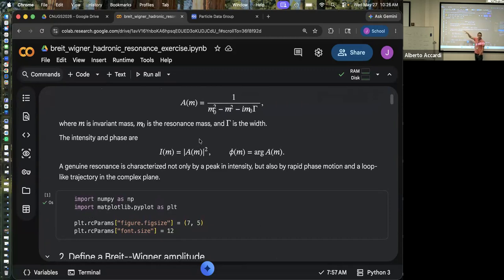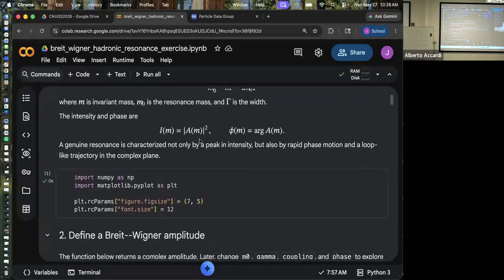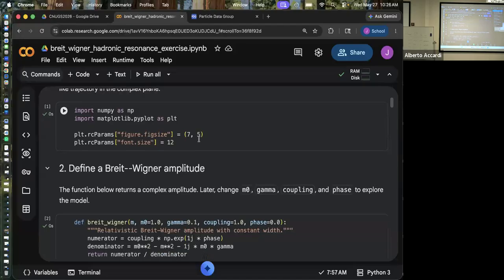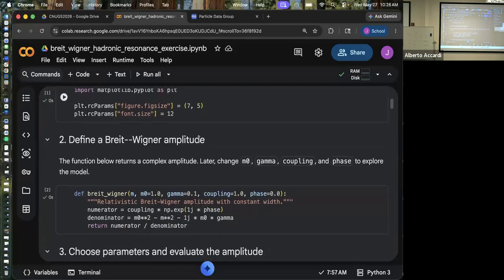That's what I was showing you in that histogram of the spectrum from the Belle collaboration. But we can also measure the phase. This will be an important aspect of looking at interferences between different quantum mechanical amplitudes. So you can run the bits of this Python workbook in VS Code or wherever you prefer.